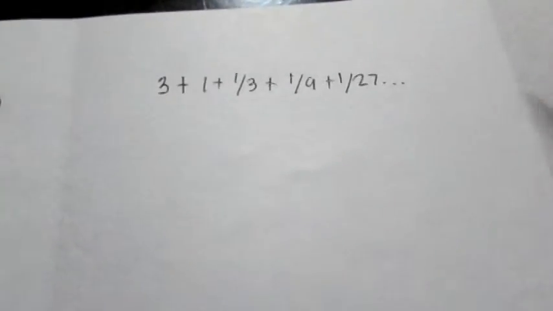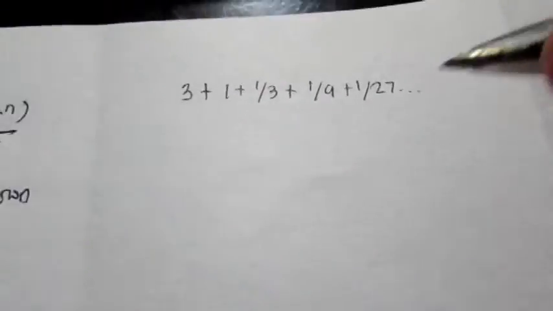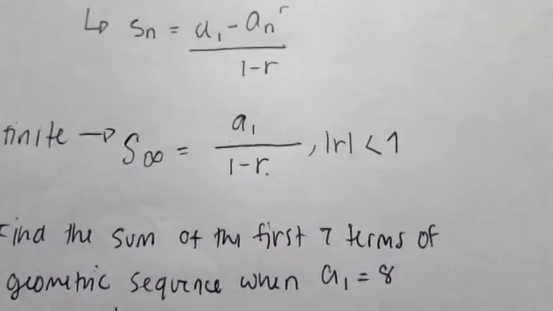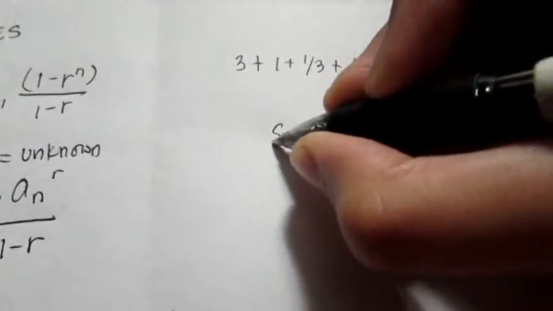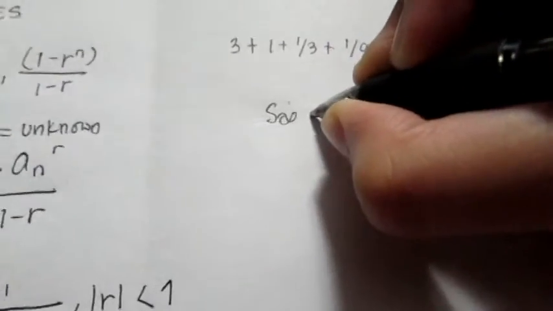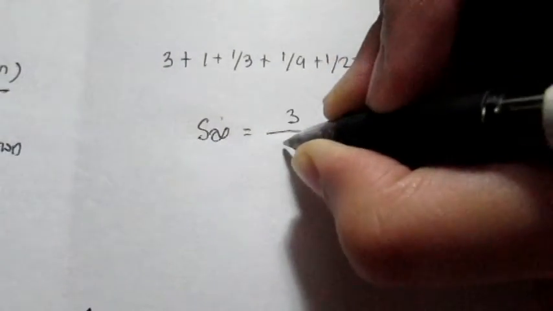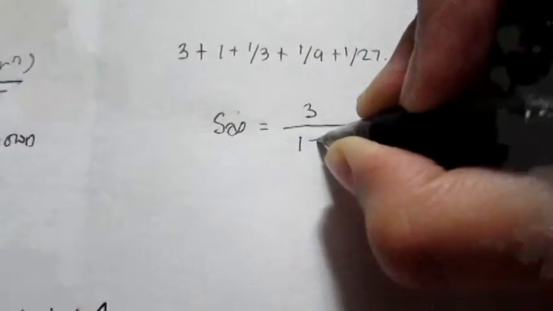And all we need to do is substitute every value into this formula. Since this is infinite and we don't know the number of terms, let us have s sub infinity is equal to a sub 1, and that is 3, over 1 minus 1/3.